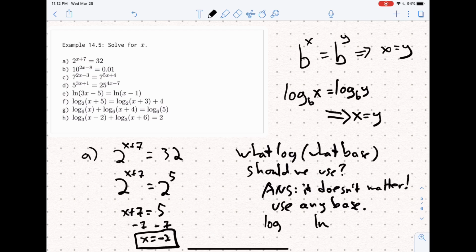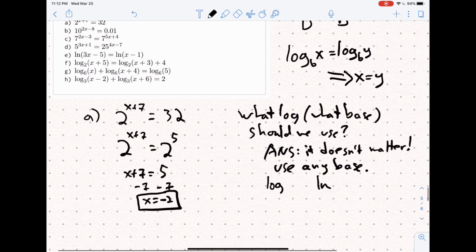Okay. I encourage you to pause and give the next problem a try and try to use the same idea. For part B, we have 10 to the 2x minus 8 is equal to 0.01.